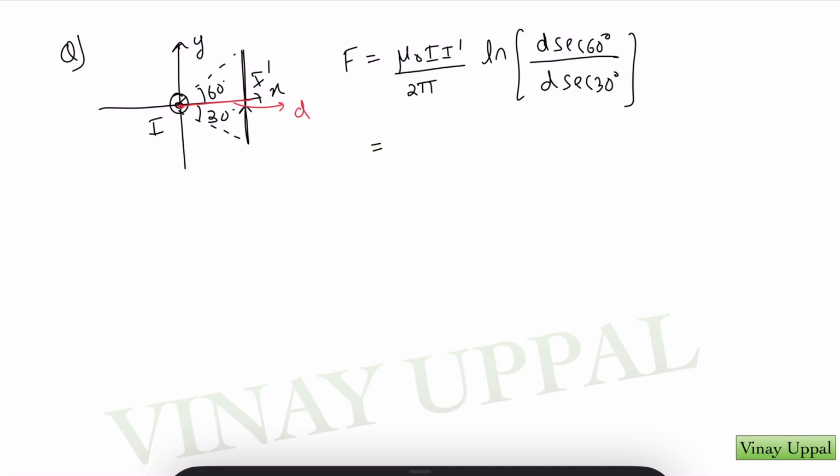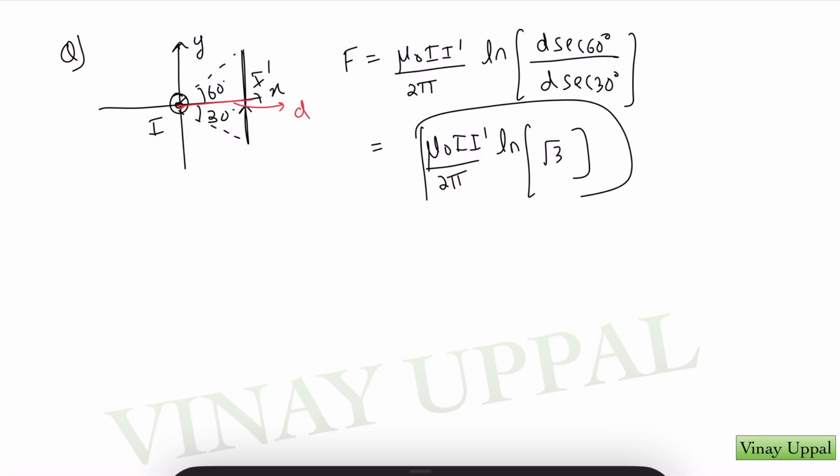Now it's pretty straightforward. Sec 30 degree would be 2 by root 3, and sec 60 degree would be 2. So I'll basically end up with ln root 3. That's the answer in the k cap direction.